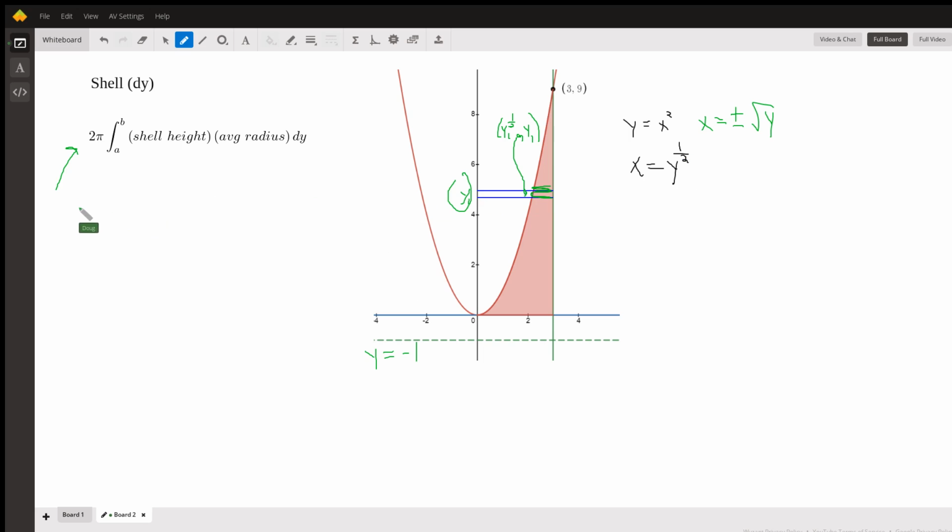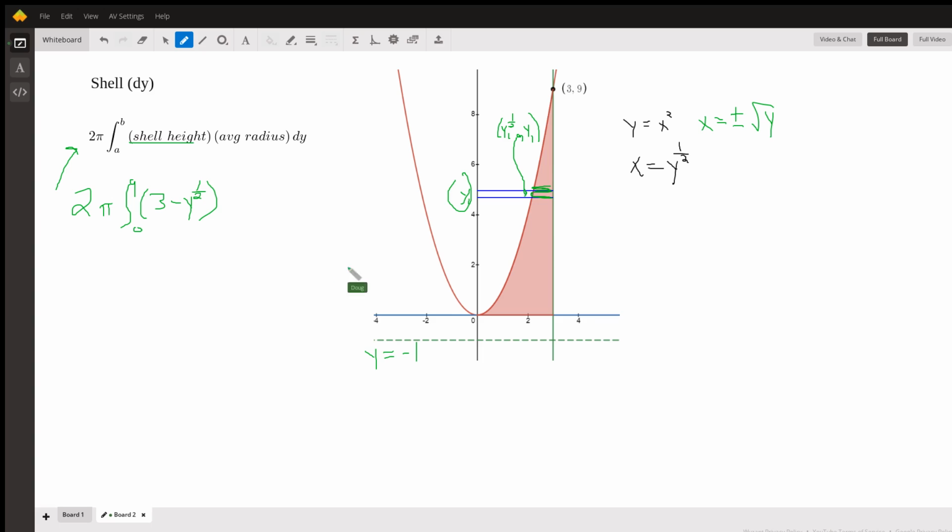So here we go, 2 pi, the definite integral. Our shells are piling up from 0 to 9 along the y-axis. The height of a typical shell is the x-coordinate at the right minus the x-coordinate at the left. 3 minus y to the 1/2, I should say.